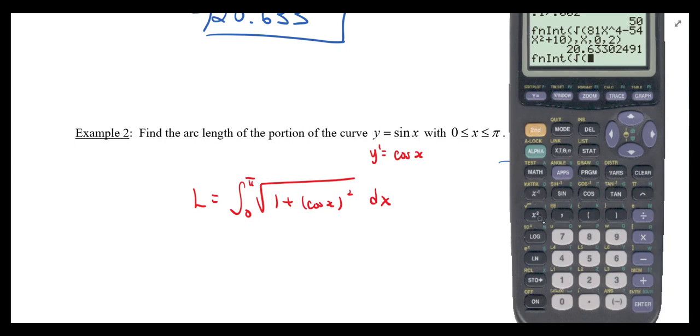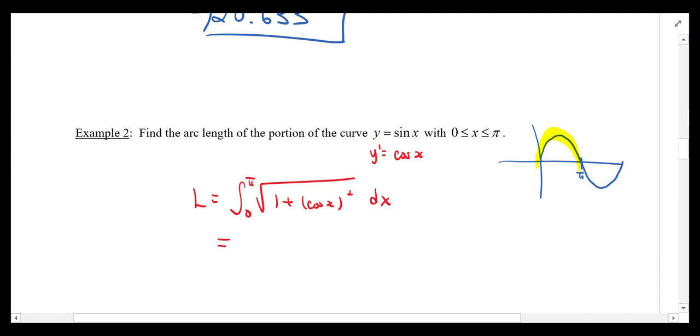Once again, it's the square root of 1 plus, and then I like having cosine x in a bracket, close the bracket, all squared. Close it one more time. So 1 with a square root, comma x, comma 0, comma pi. Let the calculator do its thing. 3.820.